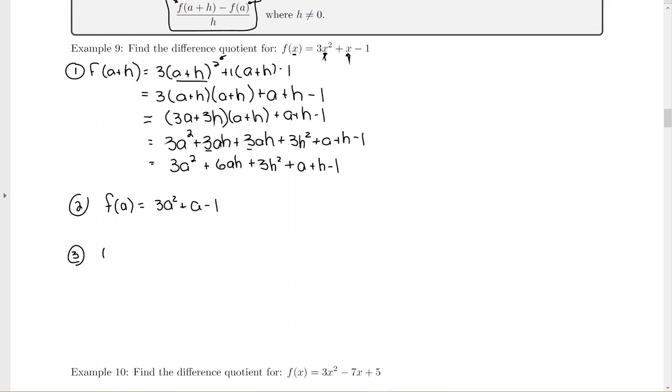My answer from 1, I'm going to put in parentheses, 3a squared plus 6ah plus 3h squared plus a plus h minus 1. And then minus our answer from number 2 here, 3a squared plus a minus 1, all divided by h.